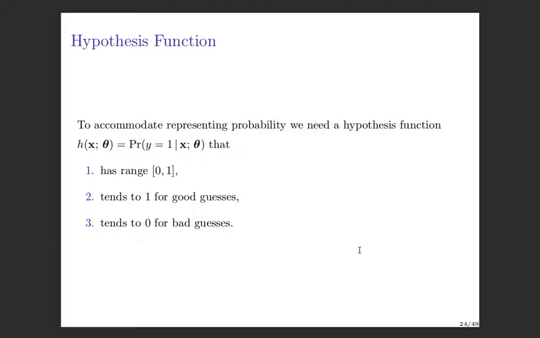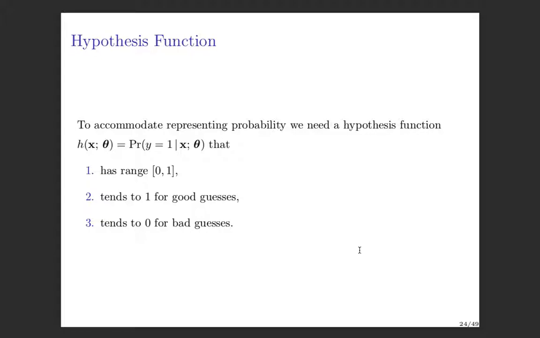The second thing that it has to do is, because we're training something, we need to reward the hypothesis function for improving. So if our guess is good, then somehow the probability of assigning something into a set has to get to 1. As our guesses get better, the probability has to also get better.